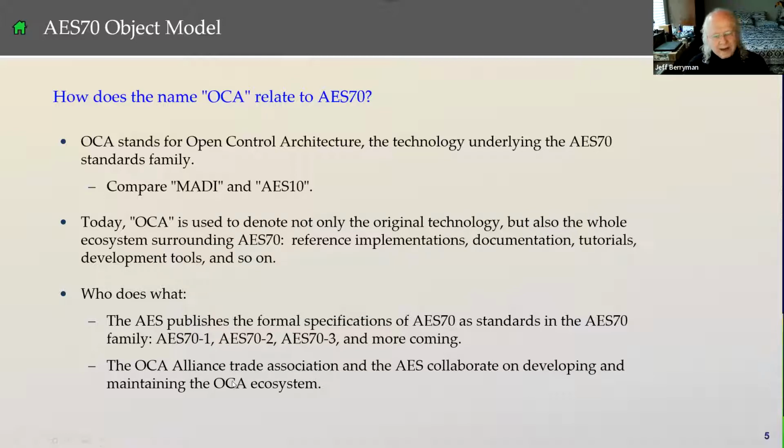The OCA Alliance Trade Association, which dates back to about 2011, is the originator of the technology, and it works hand in hand with the AES to develop and maintain the entire OCA ecosystem. There'll be links later on in the presentation you can look at.